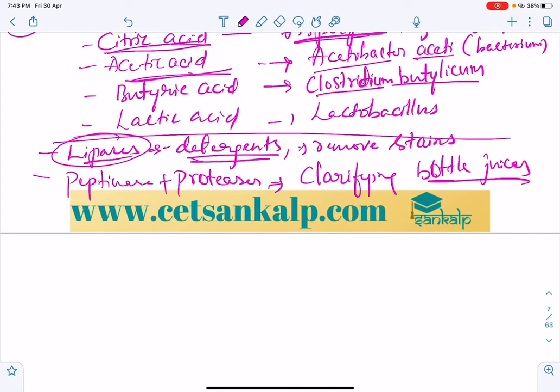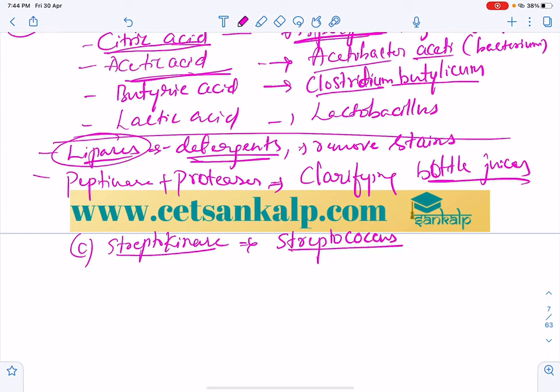So this is very important. And one more, streptokinase, which is obtained from Streptococcus.